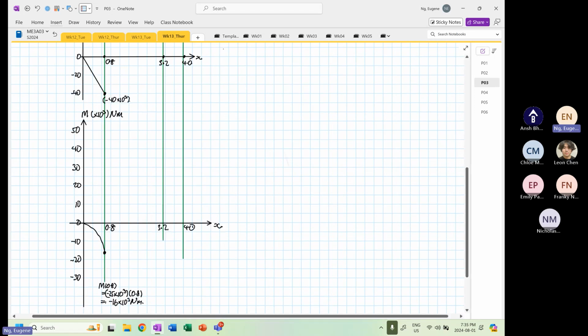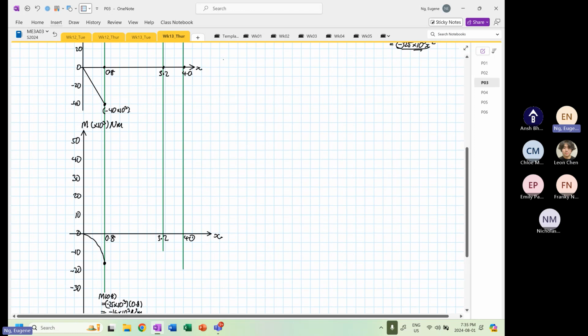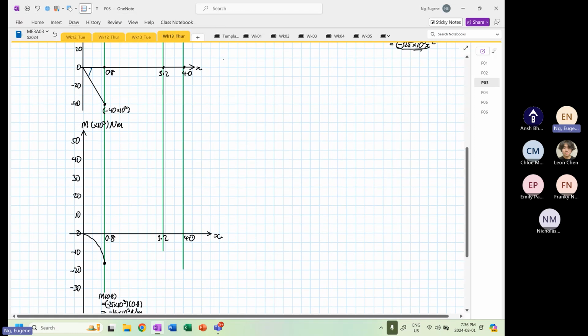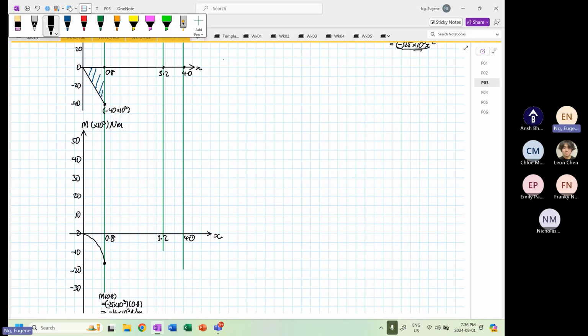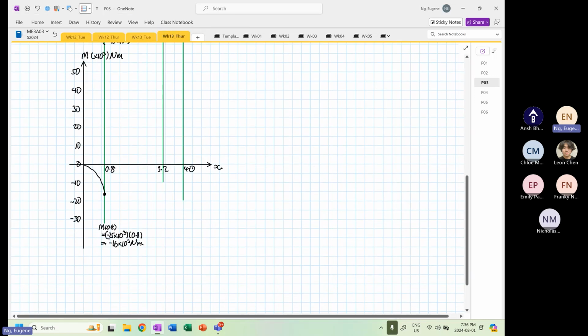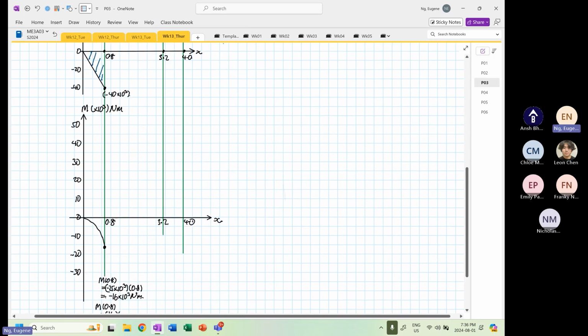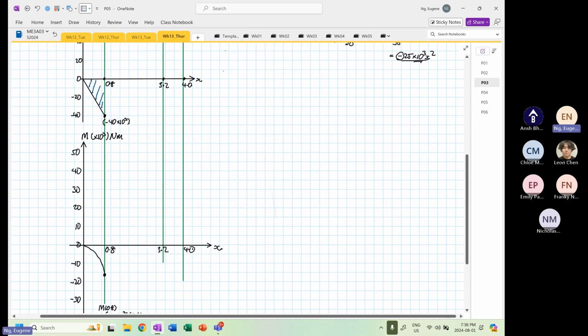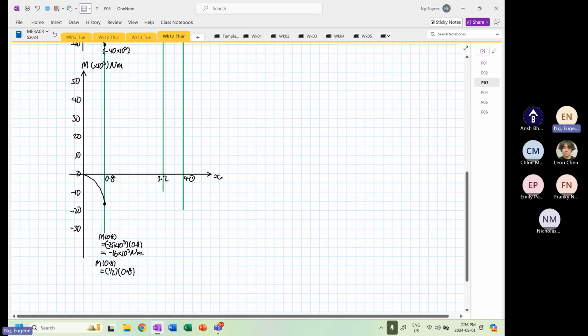Now another way to calculate the bending moment, just to help you recall, is by looking at the area over there. If we calculate the area, half base times height, the moment at 0.8 is also equal to half, the base of the shear force diagram is 0.8 and minus 40.